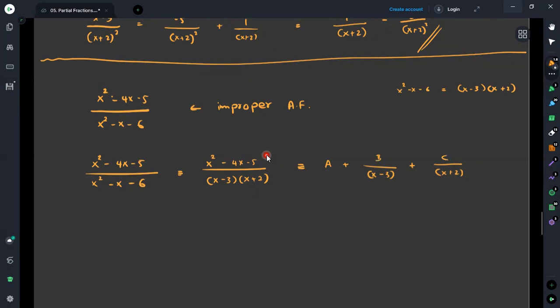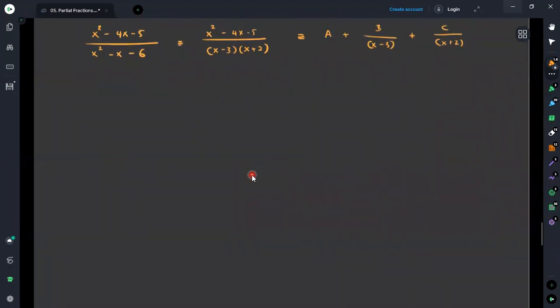Then, apart from using this initial quantity, we tend to use this, because we have factors and it will be helpful for our calculation. Therefore I am taking this as x squared minus 4x minus 5 over x minus 3 into x plus 2, and is equal to, here I am going to take the common denominator, x minus 3 and x plus 2.